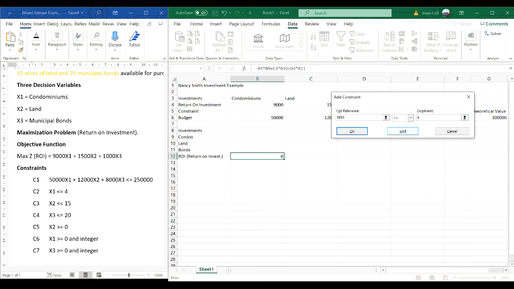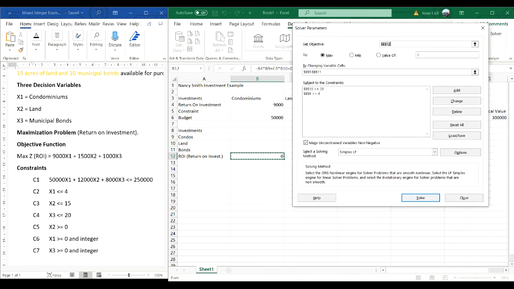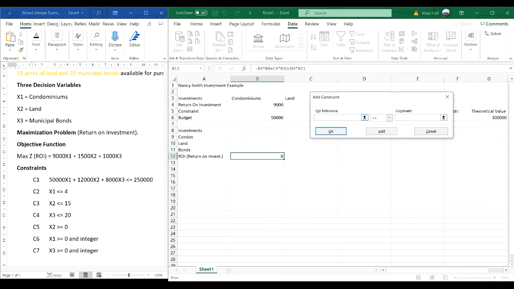We add that. Our second one is that B10 must be less than or equal to 20. Oh, sorry. Our third one is that B11 must be less than or equal to 20.